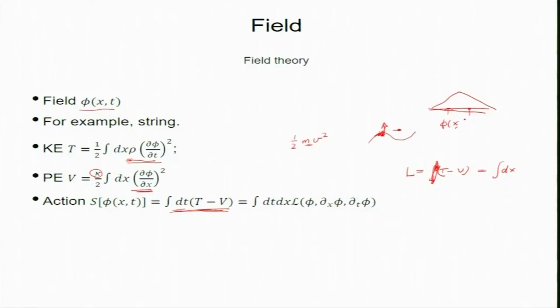So, phi of x, t equal to 0 is the initial condition, and phi of x, t equal to t final is the final condition. In the action principle we define both initial and final conditions, and then we see what the evolution from initial to final is and what the equation of motion is. That is what we do.